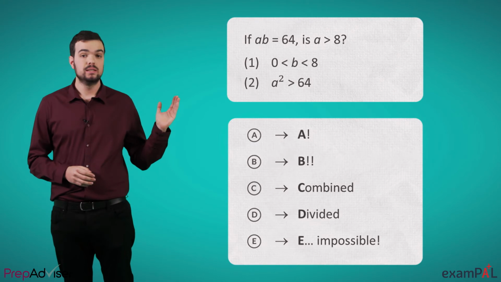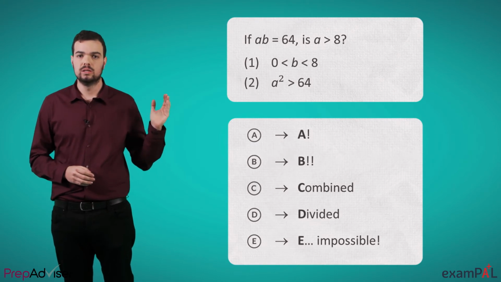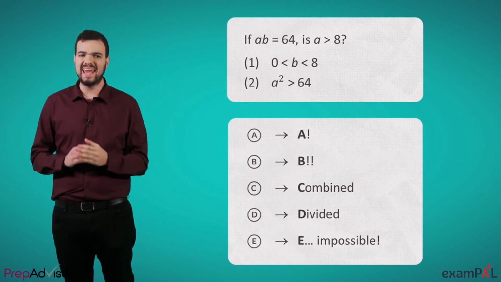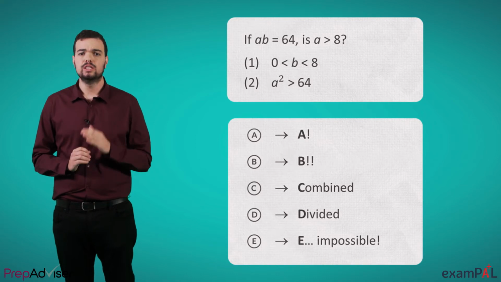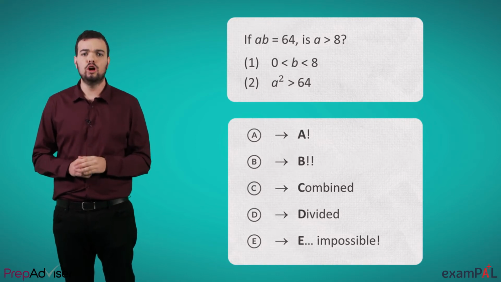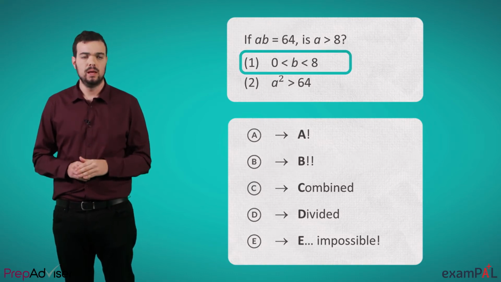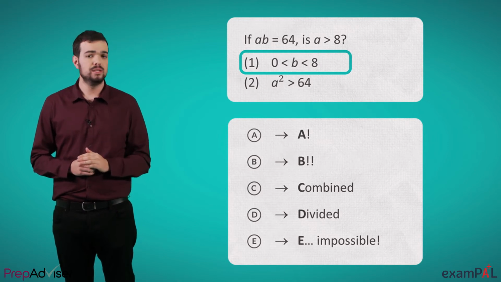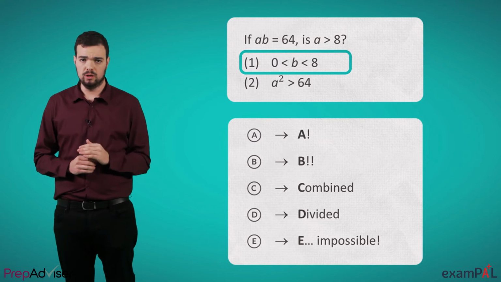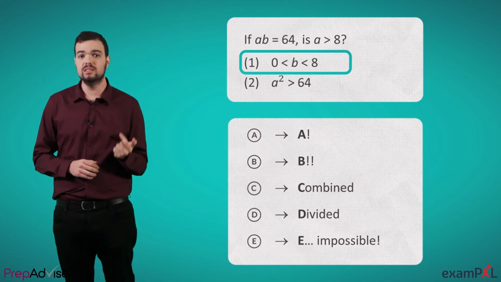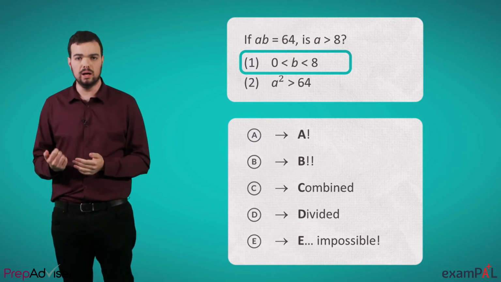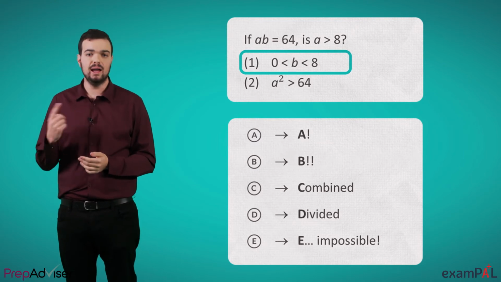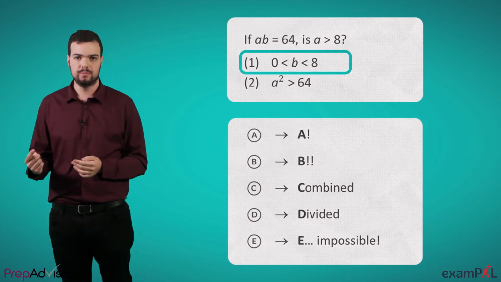Let's look at another example. If AB equals 64, is A larger than 8? Using the logical approach, we'll start by looking at statement 1. B is smaller than 8 and larger than 0. First of all, knowing B is positive tells us that A must be positive as well, in order for A times B to equal 64.